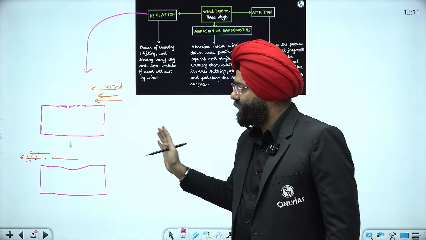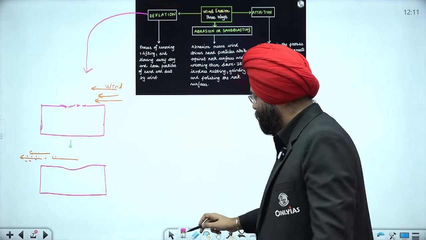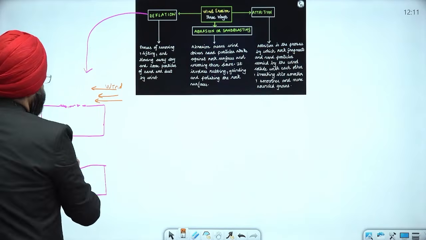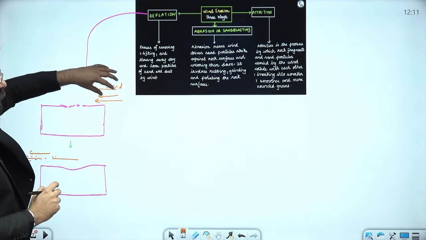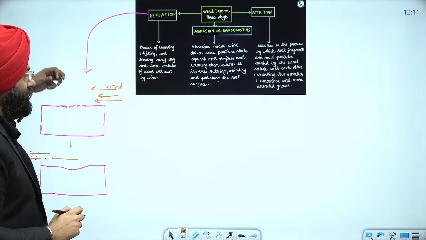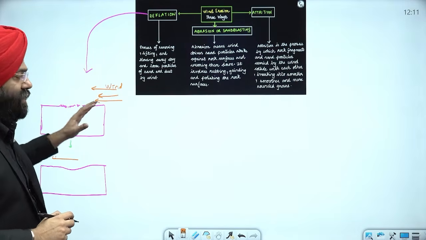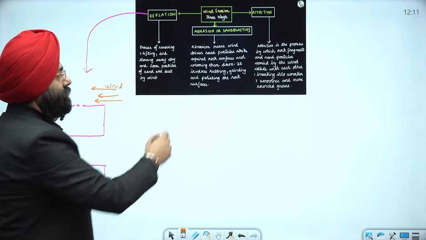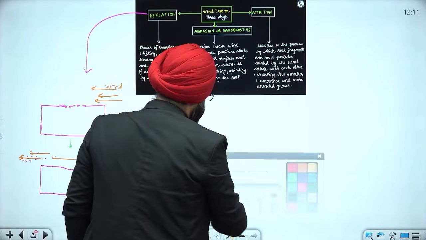So what does this mean basically? This refers to the wind, due to its velocity, blowing away sand particles or dust particles. This is known as deflation. Now comes abrasion and sandblasting. Now let us see here.